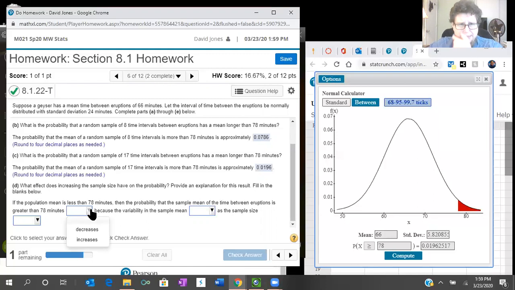If the population mean is less than 78 minutes, then the probability that the sample mean of the time between interruptions is greater than 78 minutes decreases because the variability in the sample mean is related to the standard deviation. So if the standard deviation goes down, variability goes down. And that happened as n increased.